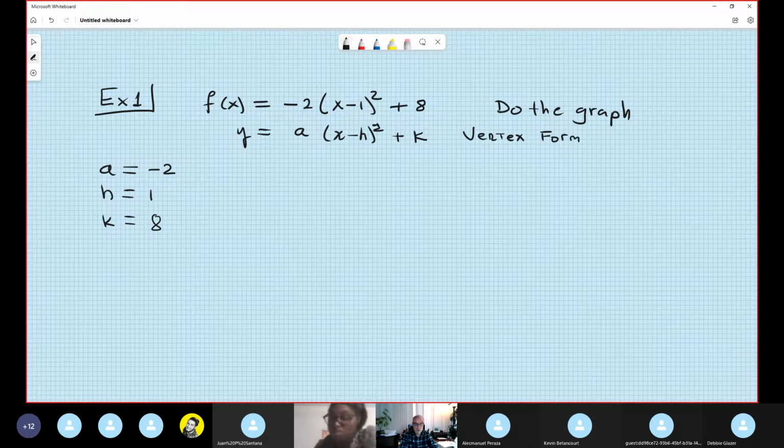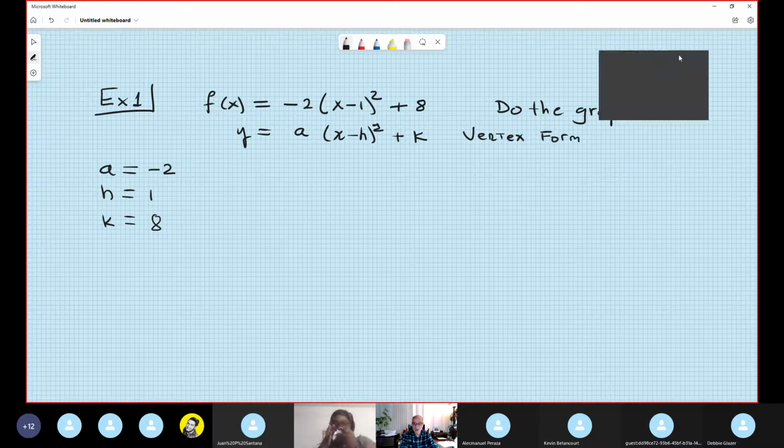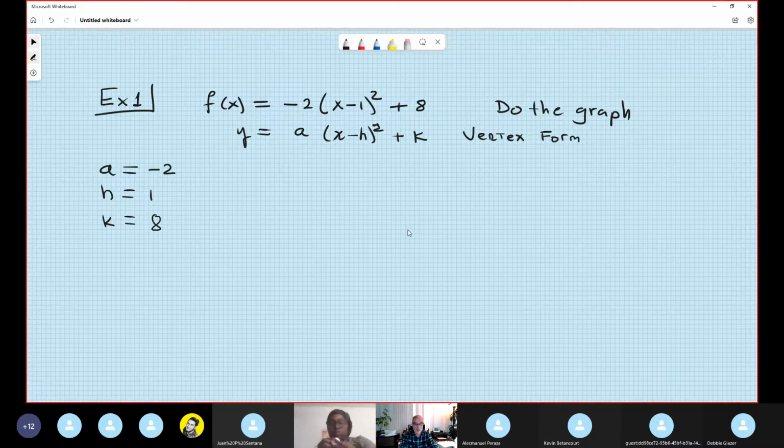Hey, it's important. I believe it's a positive parabola. But in what direction does it open? You have two possibilities. Up. She said up. Is everyone agreeing with David? Okay, David, why up? What is the parameter that has the control of the direction?